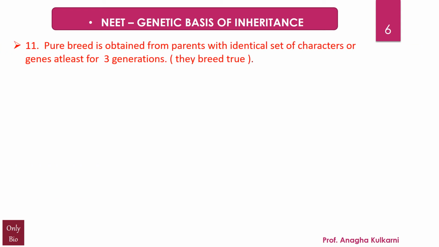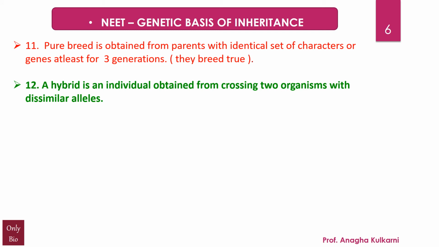Point number 11. Pure breed is obtained from parents with identical set of characters or genes at least for three generations. That is, they breed true. Next, a hybrid is an organism or an individual obtained from crossing two organisms with dissimilar alleles.